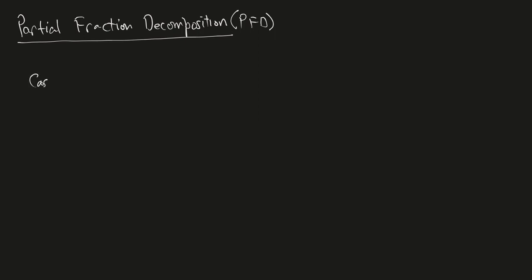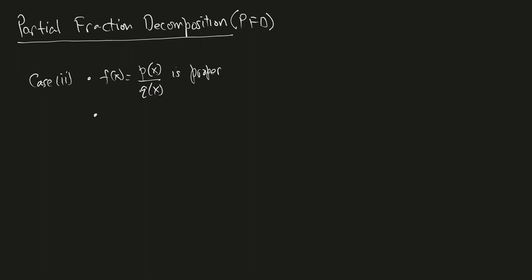Now, in case 2, we're going to still assume that our rational function, which again is just a quotient of polynomials, is proper, right? So that means the degree of the numerator is less than the degree of the denominator.